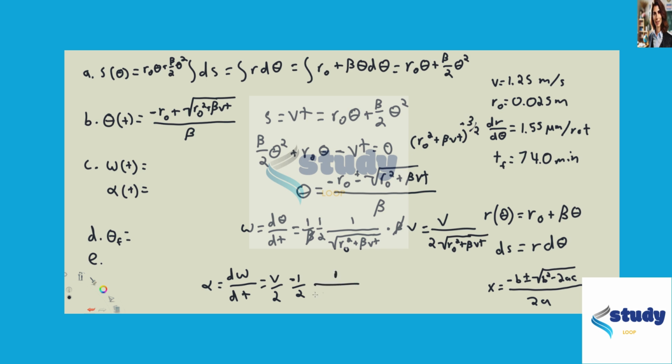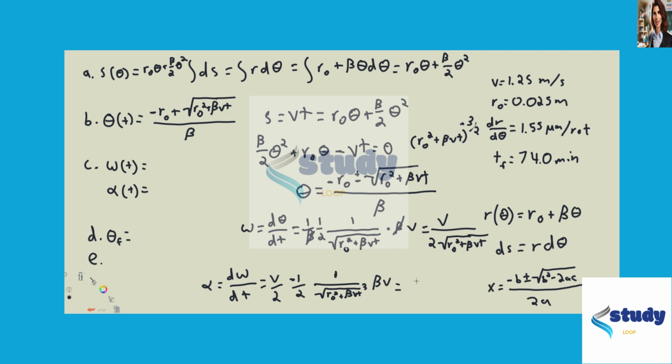or equal to the same thing, r0 squared plus bvt, but to the 3rd power. And then that will be multiplied again by the inside, which we already know is equal to bv.